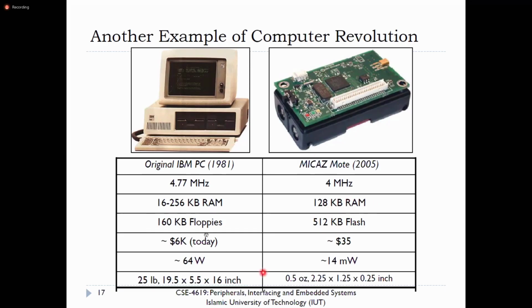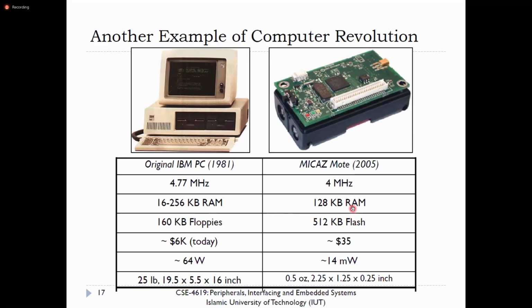At that time, we didn't have flash memory, but we had floppies, very small floppy devices, with a maximum size of 144 kilobytes actually, or 1.44 megabytes as we saw later on, but 160 kilobytes of floppy size.